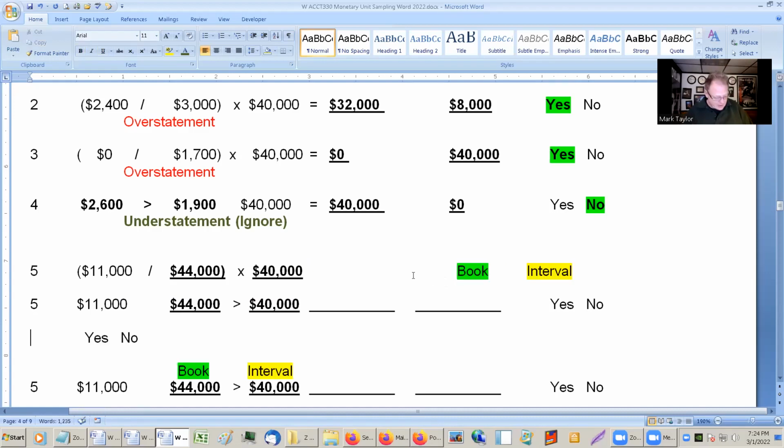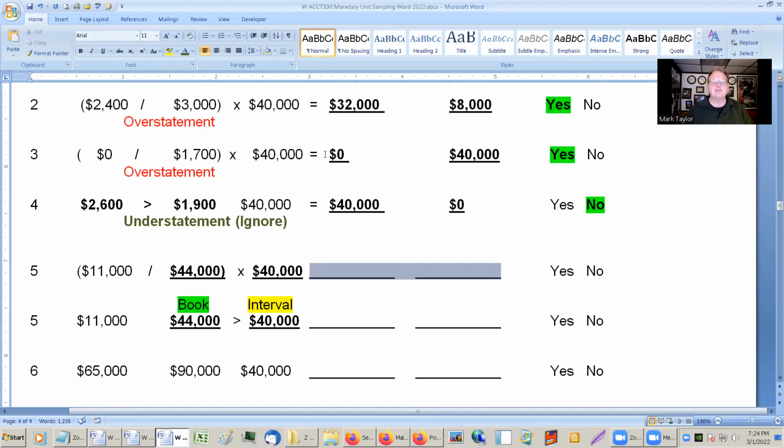Okay, 11,000 divided by 44,000 is 25%, right?